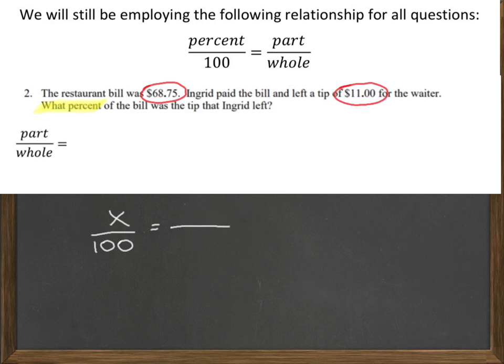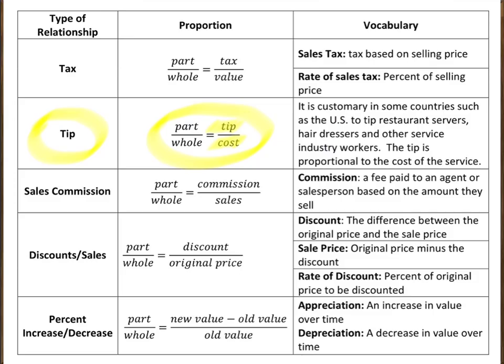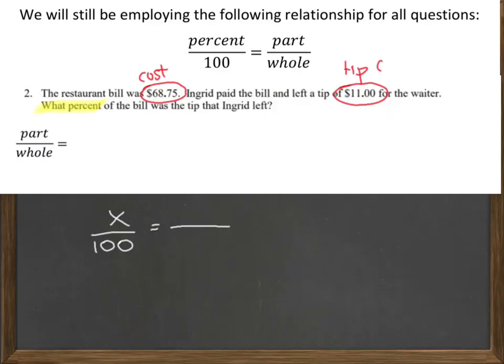So if we go back here, the tip is the $11, so that's going to be my part. And then the bill, the total cost of the meal, is $68.75. So again, if I look at this relationship, the tip is the part, the cost is the whole. So this is going to be my part, this is going to be my whole. So $11 divided by 68.75.